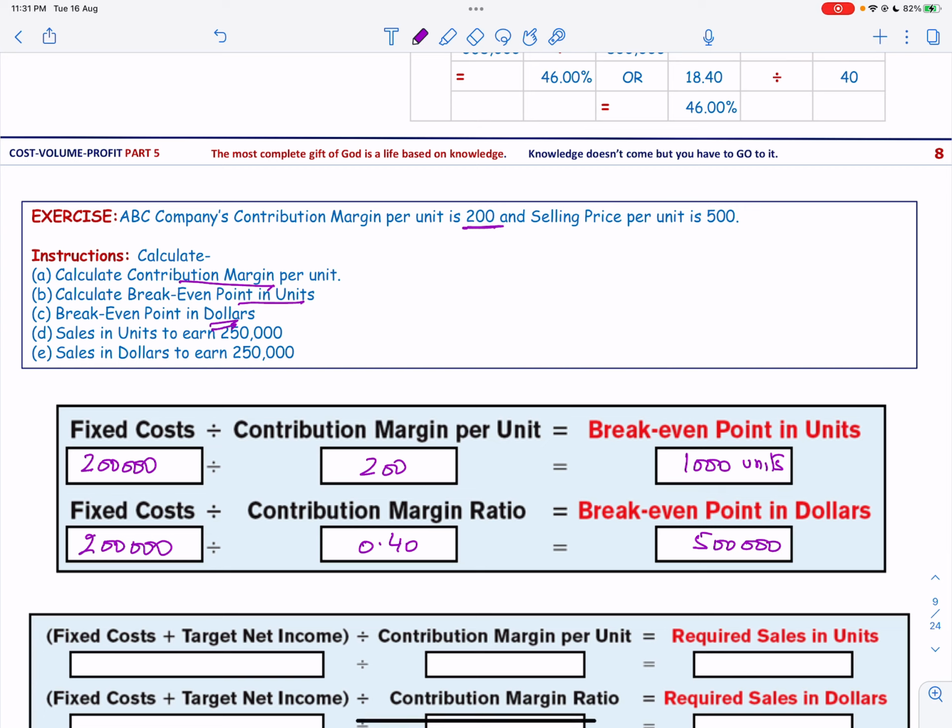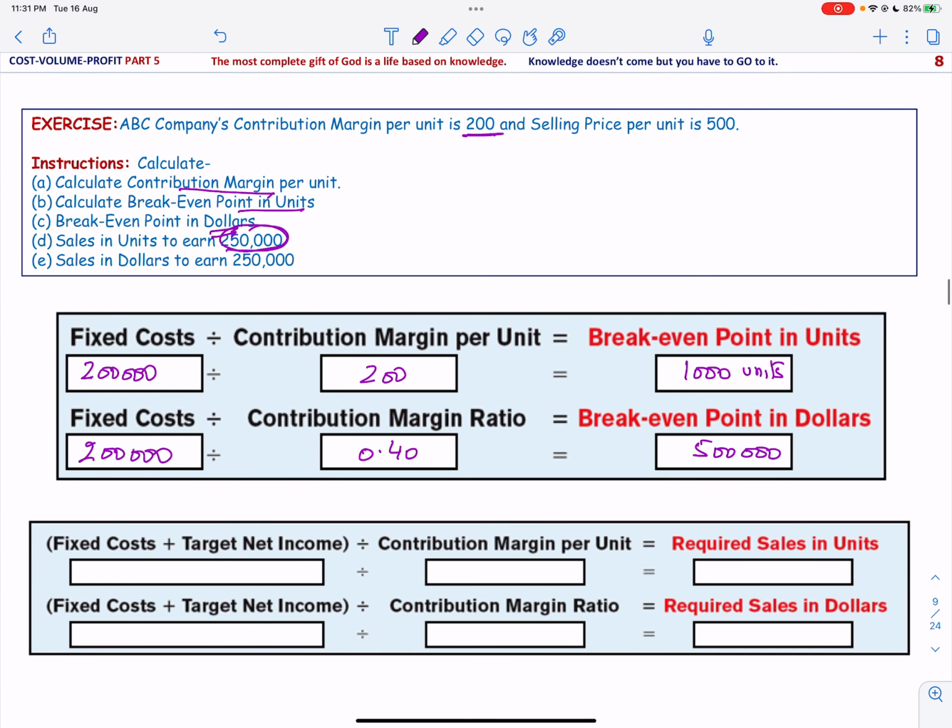Then they asked to calculate the sales in units to earn a targeted net income of 250,000. So we have the fixed cost of 200,000 plus the target net income 250,000 divided by contribution margin per unit, that is 200.